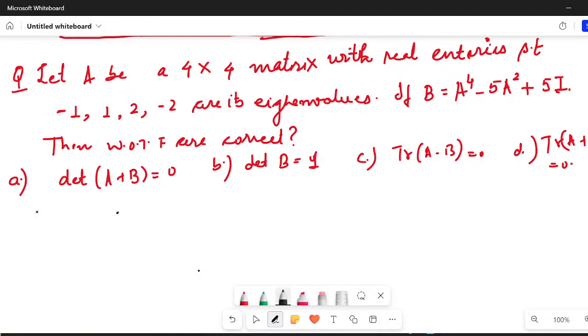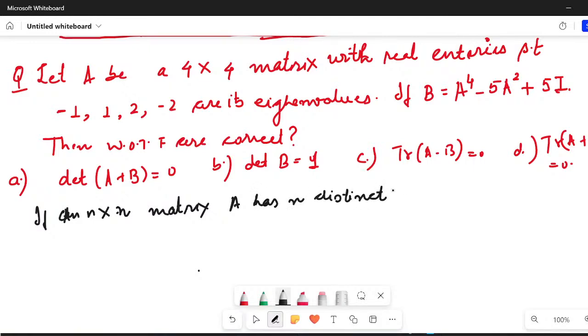The first thing that I told you is that if an n cross n matrix A has n distinct eigenvalues, then it implies that A is diagonalizable.